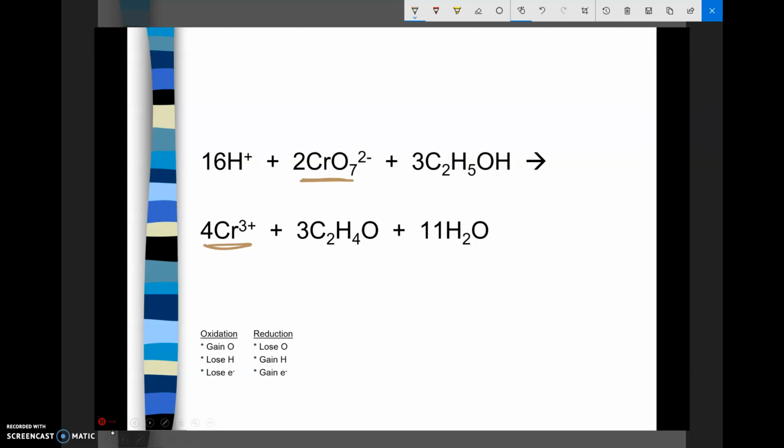In these examples, the hydrogen ion and the waters are just there for balancing purposes, so we're not going to compare those to figure out what's happening. So our chromium to our chromium, here we have oxygen, there's 7, and here we have no oxygen. So under this comparison, we've lost oxygen, which is reduction.